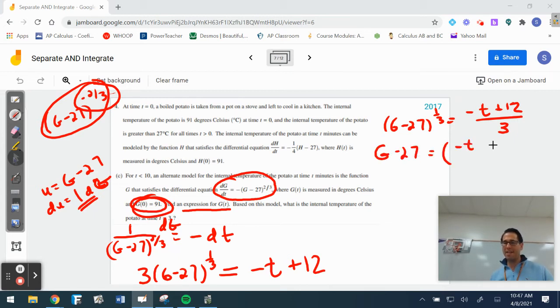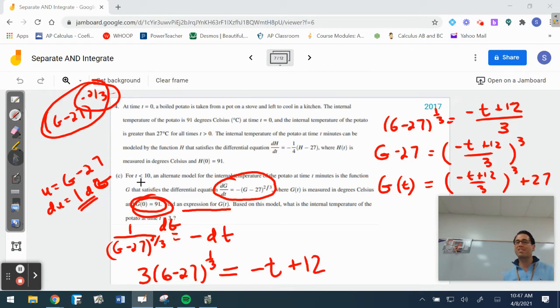And remember, it doesn't matter how ugly this answer is. As long as it's right, it's right. And then I'm going to make it fancy, a little g of t, and I'm just going to get rid of that 27. How do I get rid of that 27? It just means I'm going to put a plus 27 on the other side. That's done. But then I do have to answer the final question.